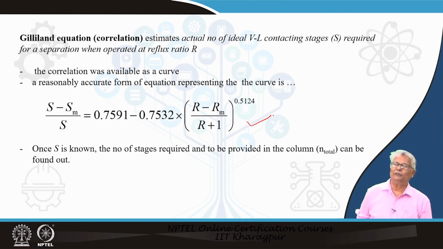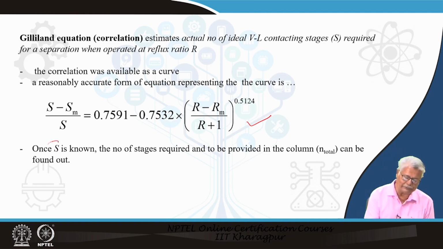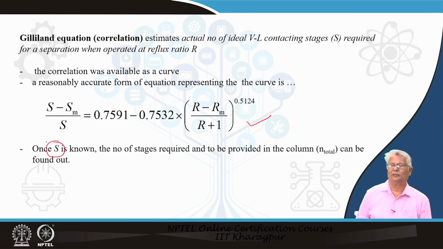Since we already have found out Sm and Rm, it is possible for us to know the value of S. Up to this is fine. That means, we know the total number of theoretical stages required.